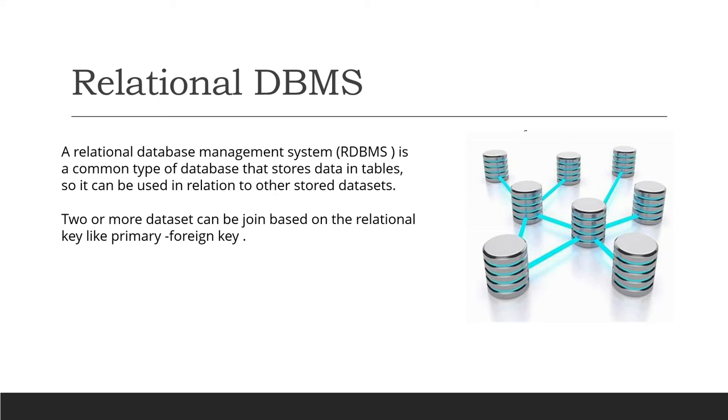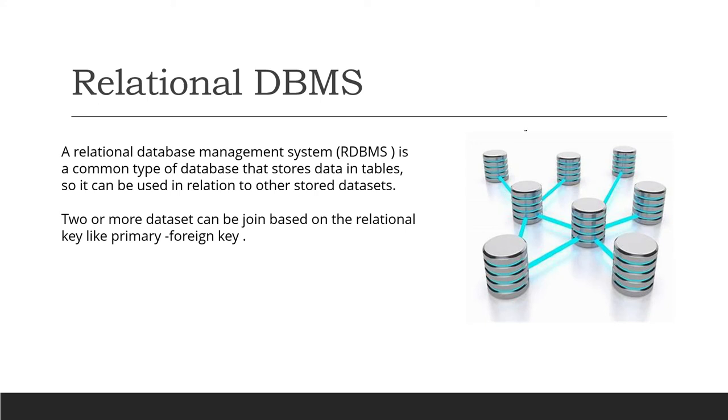And how can we connect? Like I just said, we define a key column, right? For example, for any student, the student ID or roll number is a unique thing. Similarly, for each record, we can generate a unique key in a database that can be joined with any other data repository system. So what is a relational database management system?